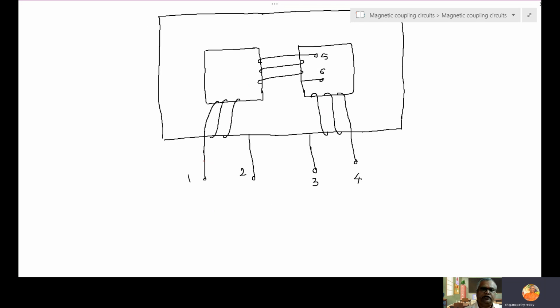So this is the current direction. Four fingers keep in the direction of this current, and the thumb will be on the left side. So this is the direction of flux.